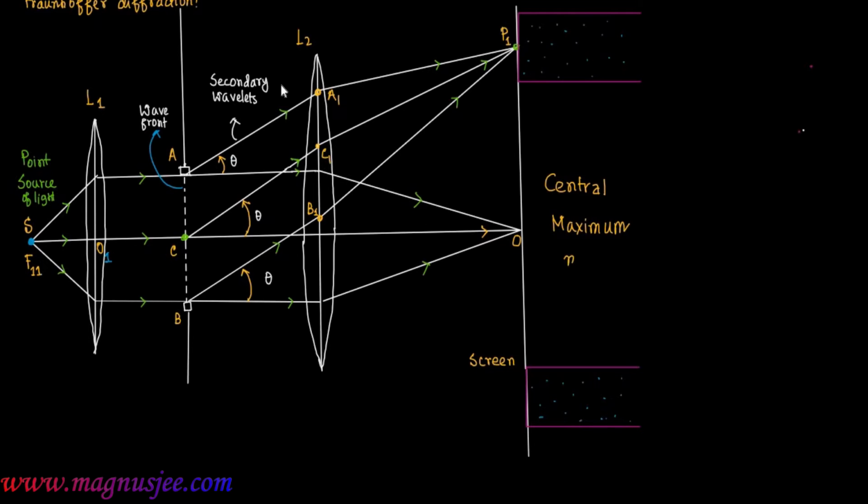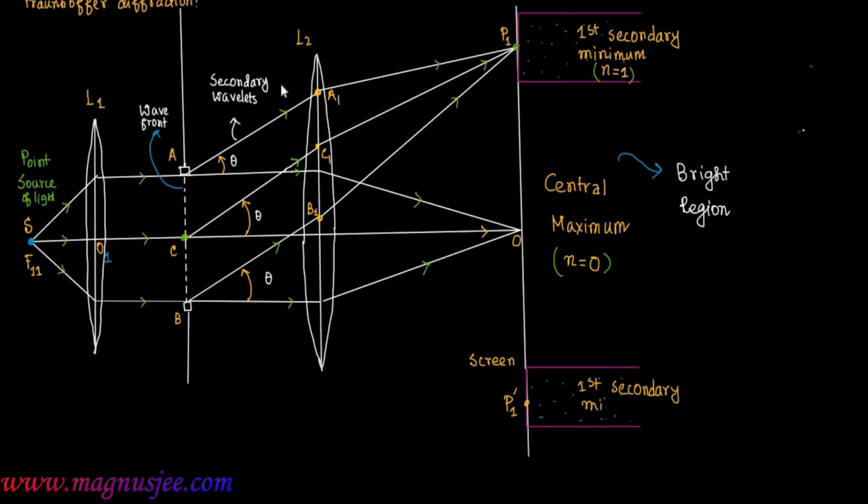The diffraction pattern has the central maximum around the point O on the screen, with order n equal to 0, and this is the bright region. Around the point P1 we get the first secondary minimum or dark fringe of order n equal to 1. Similarly, in the lower portion of the central maximum, at the point P1 prime we get another first secondary minimum of order n equal to 1.